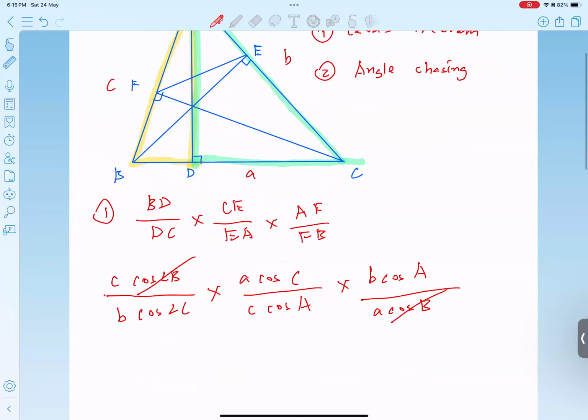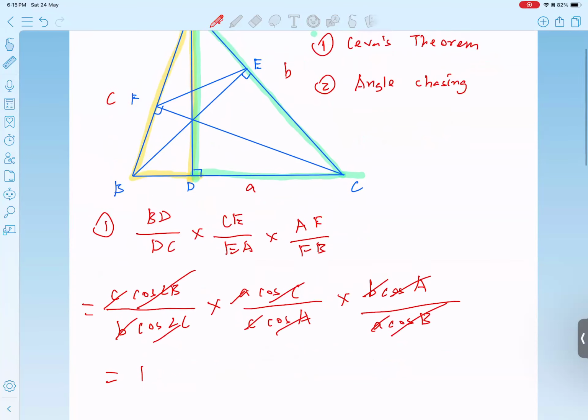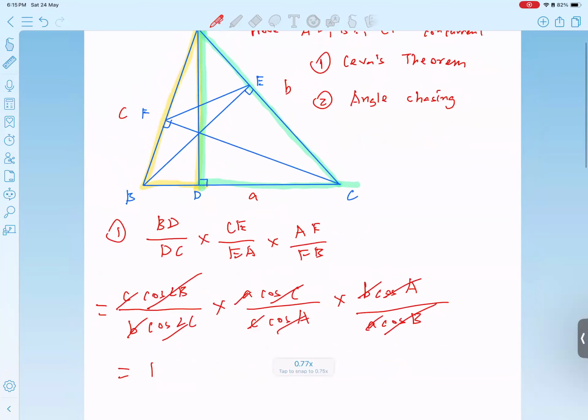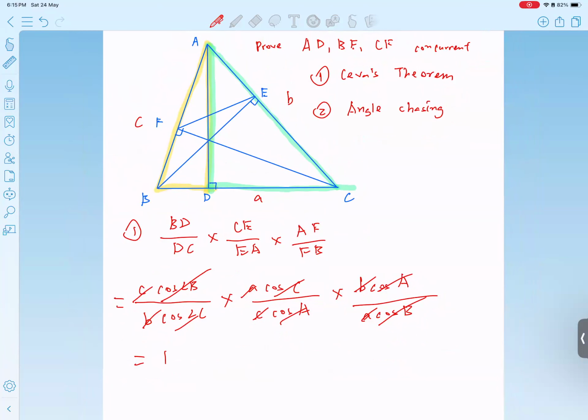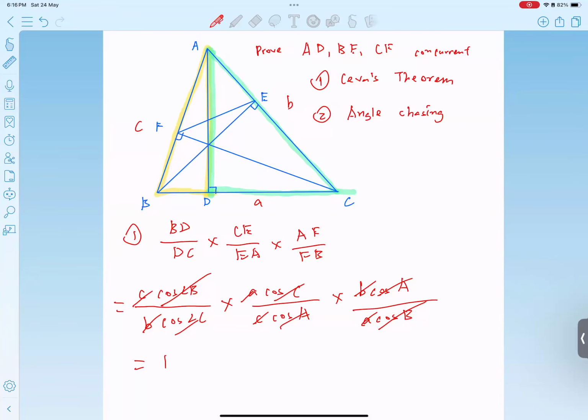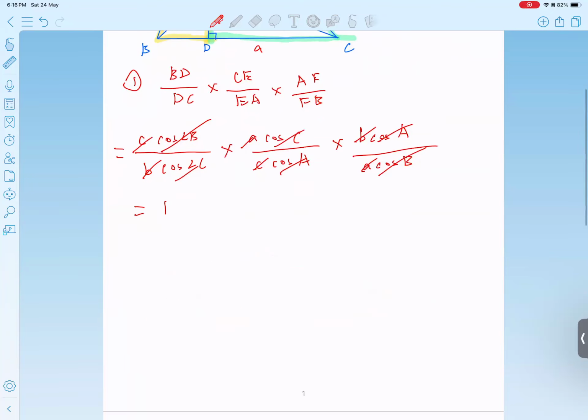So cosine B, cosine B, cosine C, cosine C, they cancel, and a, b, c cancel, and this equals 1. And by Ceva's theorem, we proved that AD, BE, and CF are concurrent. Any questions? Or, well, move on, I guess.